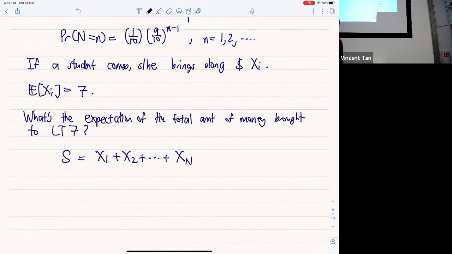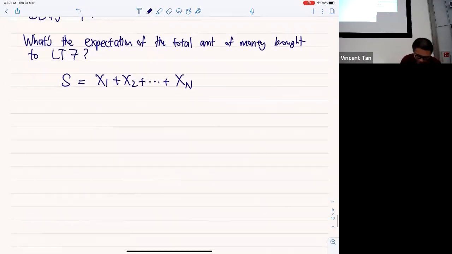Next, what is the total amount of money brought to the lecture theatre? It depends on how many people show up, right? It depends on how much each person brings. Yeah. So Oliver, you understand the story? There are 2 sources of randomness, at least 2. So let us do a computation.